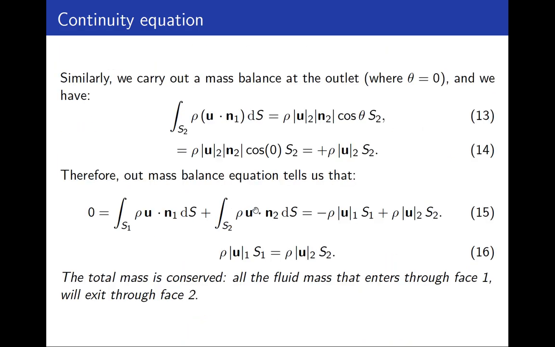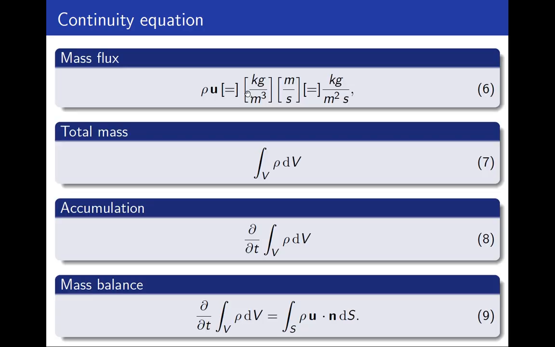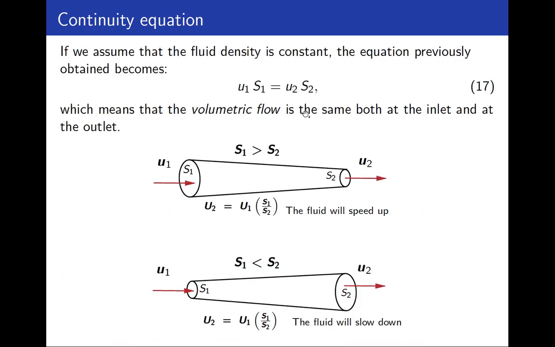So the densities can cancel each other, and then we have this relation that the product of the velocity at phase 1 multiplied by the surface at phase 1 has to be equal to the product of the velocity at phase 2 multiplied by the surface at phase 2, which means that the volumetric flow, because this quantity gives us volumetric flow, you remember this definition, is the same both at the inlet and at the outlet.